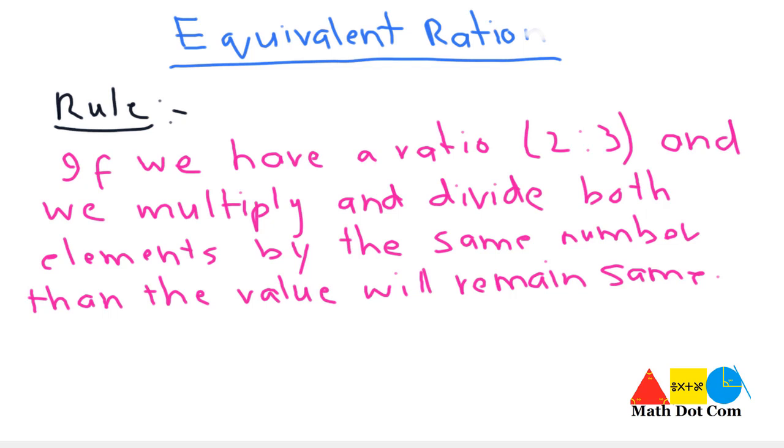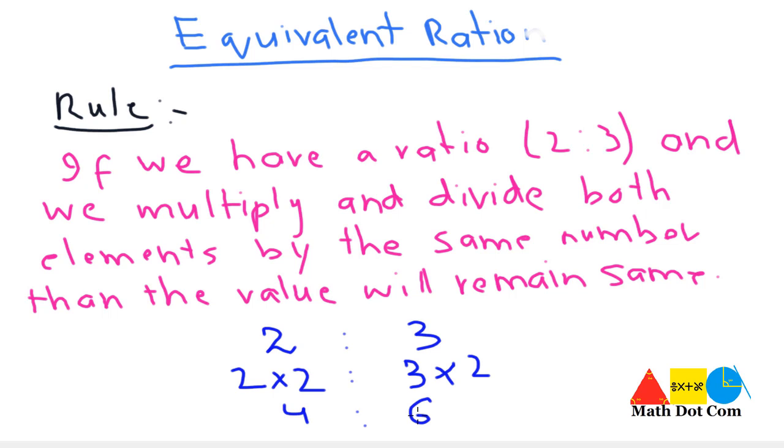How is it possible? For example, you have a ratio of 2 is to 3, and we multiply 2 is to 3 with 2. It means if you multiply one element with 2, then you have to multiply the other element with 2 as per the rule of math. Here we get 4 ratio 6.